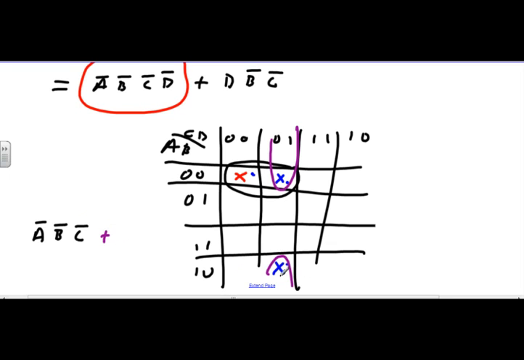Well, that's gonna be B naught, not or, little eraser, B naught, C naught D. And that's the best I can do. And that's not much of a simplification, but best I can do.